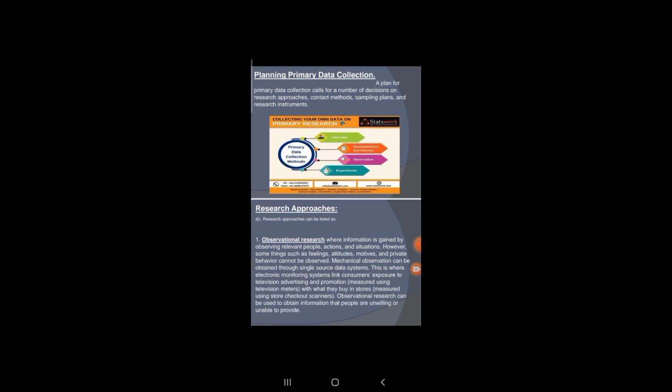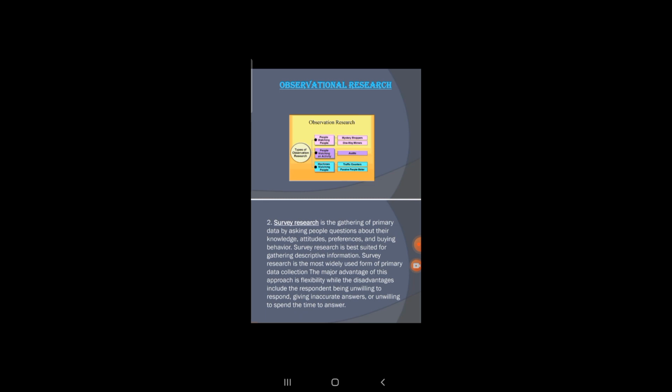Observational research can be used to obtain information that people are unwilling or unable to provide. Types of observation research: people watching people, people watching an activity, machines watching people.